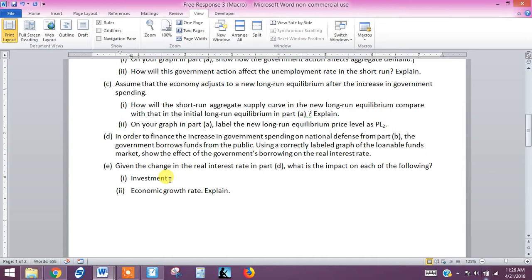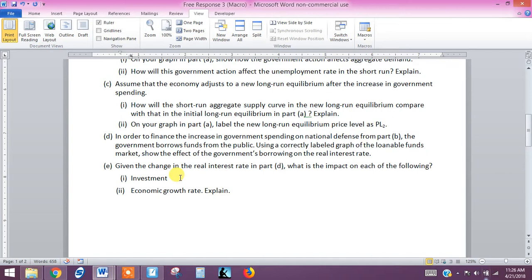I think probably exclusively domestic investment, but it doesn't matter as long as you think about this in terms of when firms invest, they typically borrow the funds to invest. So if borrowing money becomes more expensive because the real interest rates are increasing, then firms are going to borrow less money for investment, for capital investment, for expansion.